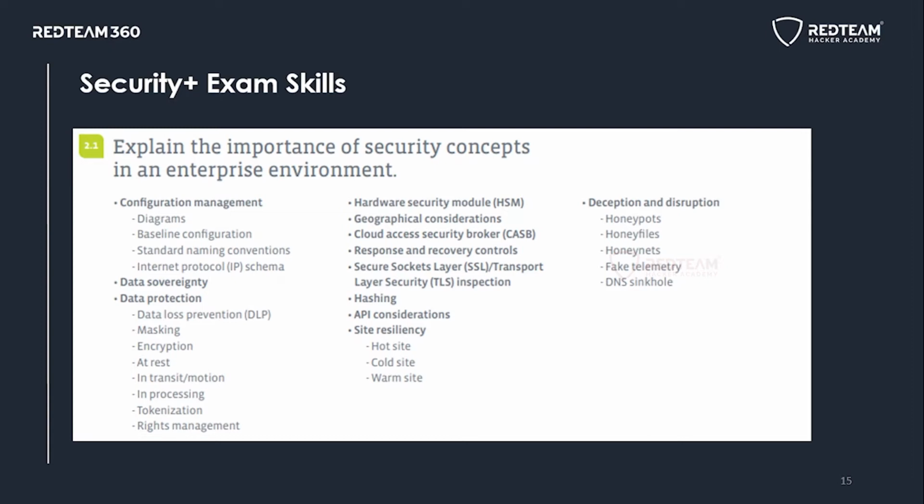So we may have to move to an alternate location and start operations from there because our primary facility is not operational. For example, let us say our primary facility is faced with a flood. We don't know when the flood is going to subside, so we have to move to an alternate location. So what are the different types of alternate locations? Hot sites, cold sites, warm sites. All these things we will discuss.